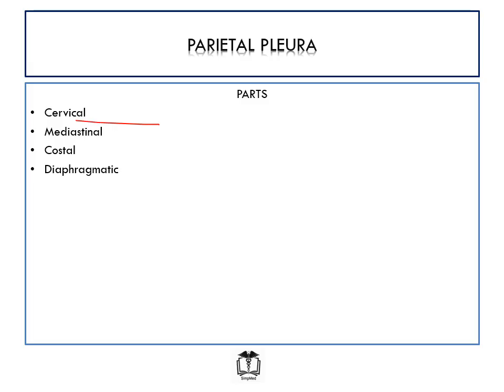That's the cervical part, the part of the parietal pleura extending to the neck, and covering the thoracic cage and the lungs around the neck. Then we have the mediastinal part of the parietal pleura that covers it along the mediastinum. Then the costal parietal pleura that covers or lines the entire ribs. Then diaphragmatic parietal pleura that lines the diaphragm.